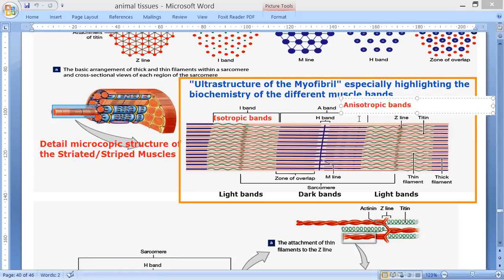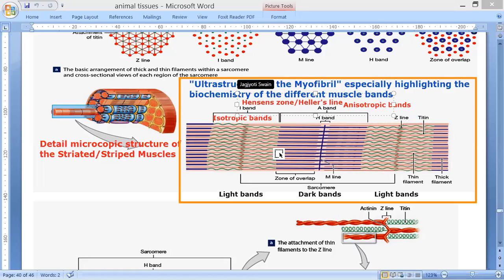The H line, H zone, is also called Hensen's zone or Heller's line. Okay, and the Z line we will discuss with time.